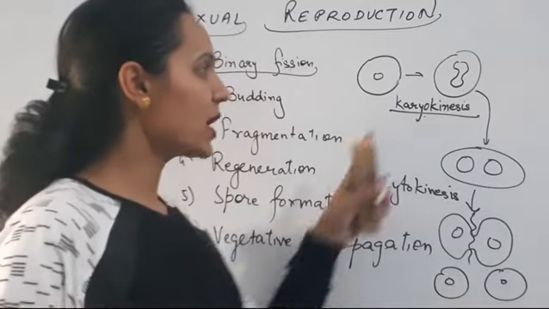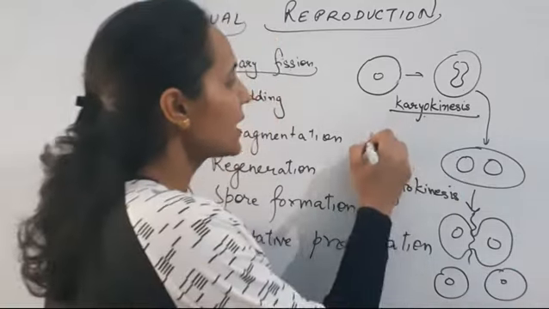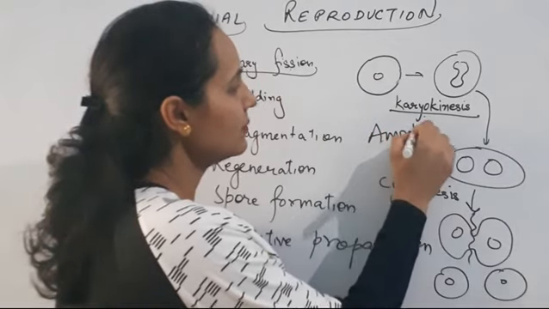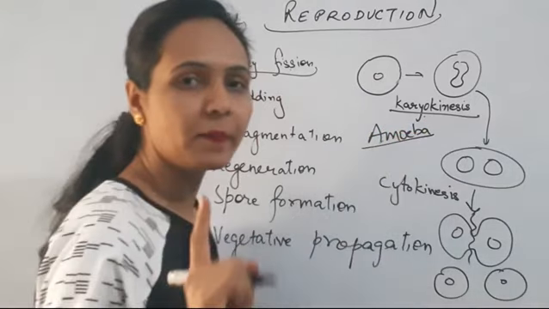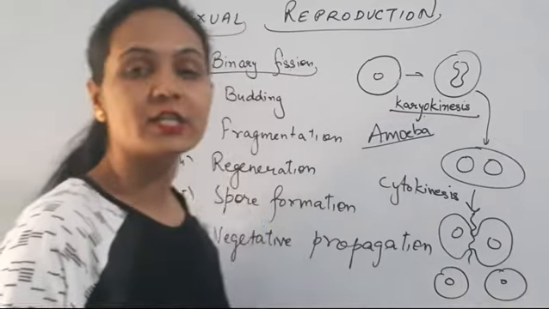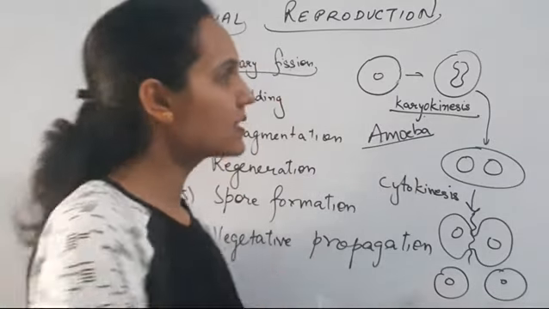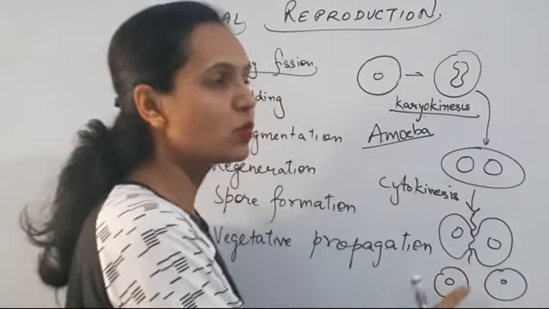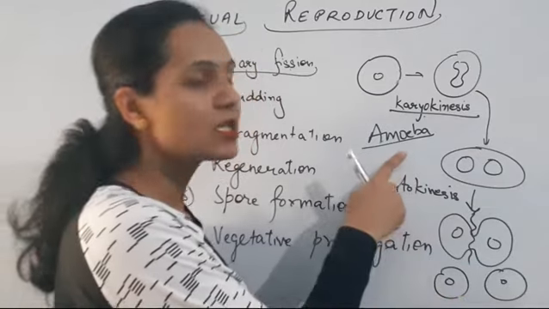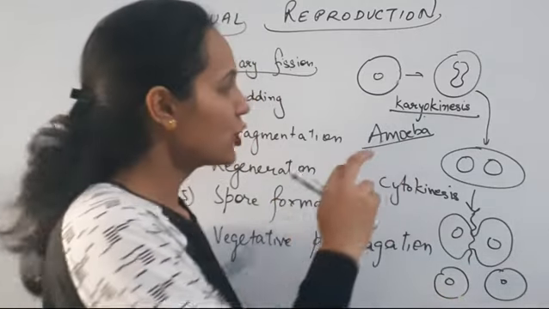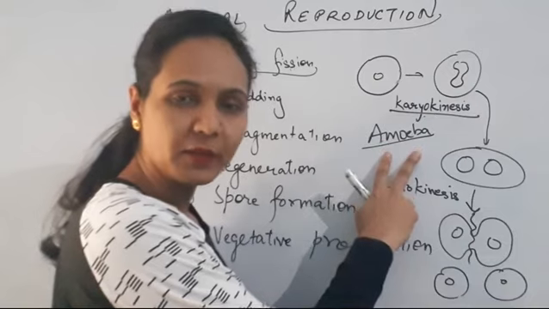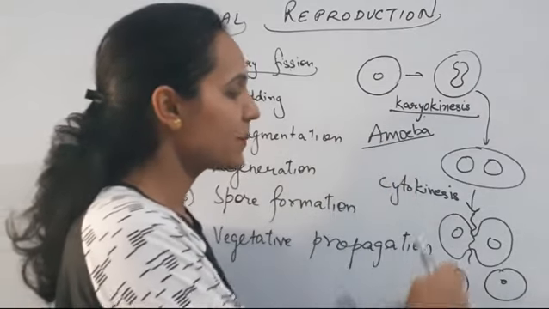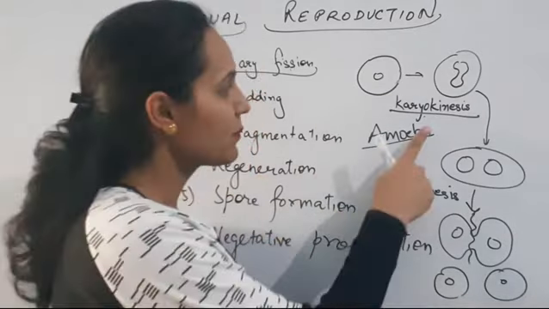An organism which undergoes binary fission is amoeba. Example is amoeba. So binary fission is a process by which an organism splits into two equal halves. Binary fission example is amoeba, where one amoeba gets separated into two amoebae by the process of karyokinesis and cytokinesis.